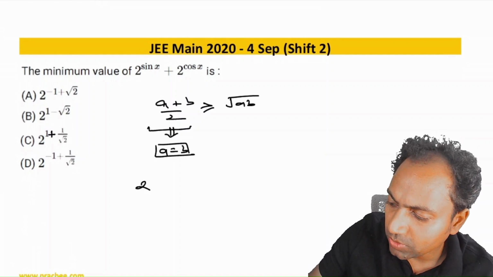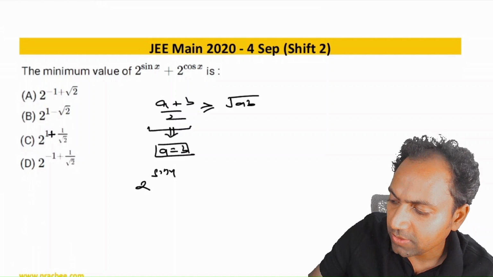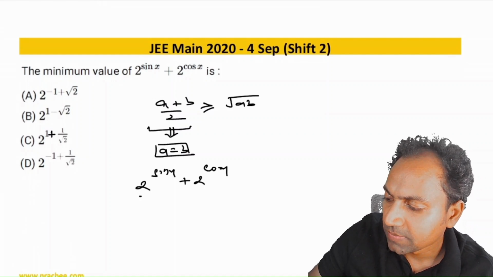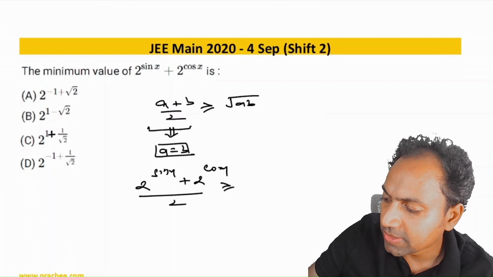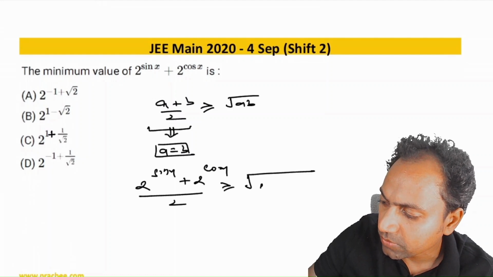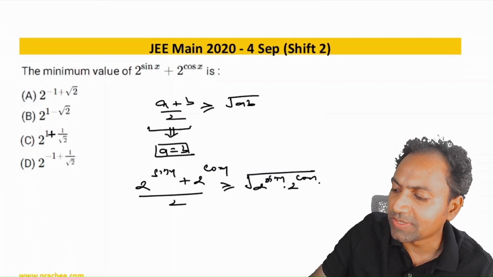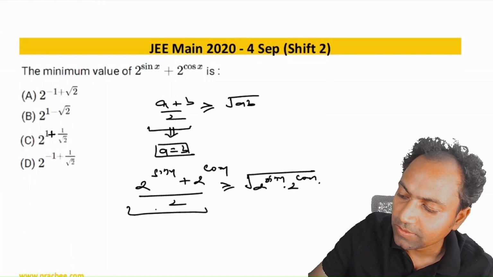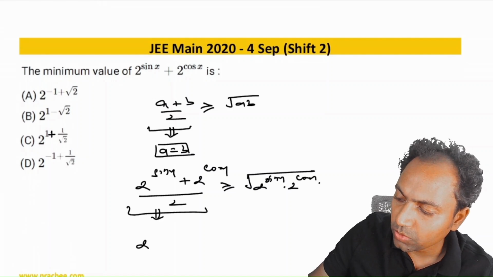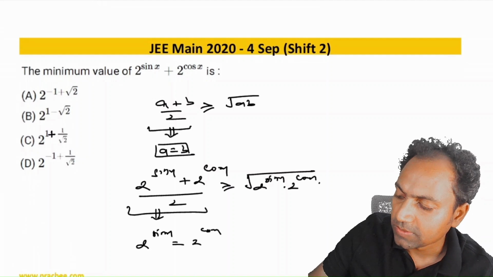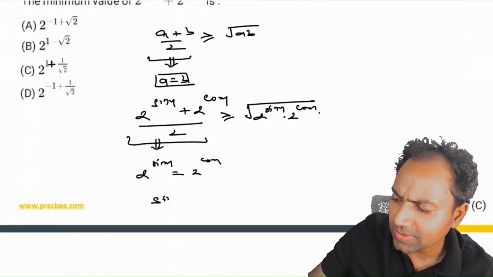In place of a we have 2 raised to the power sin x, in place of b we have 2 raised to the power cos x. (2 raised to the power sin x plus 2 raised to the power cos x) divided by 2 is always greater than or equal to root of 2 raised to the power sin x into 2 raised to the power cos x. The minimum value of this left hand side will come when 2 raised to the power sin x becomes equal to 2 raised to the power cos x, and that is going to happen when sin x is equal to cos x.